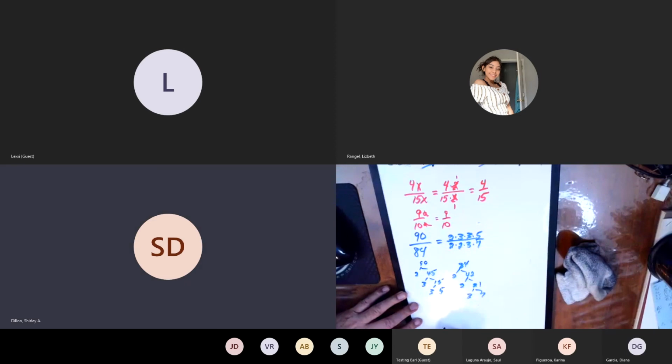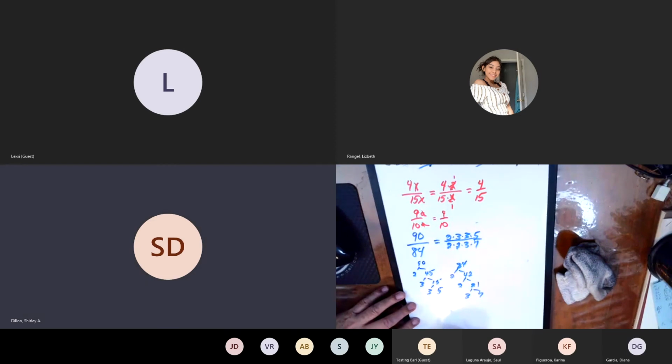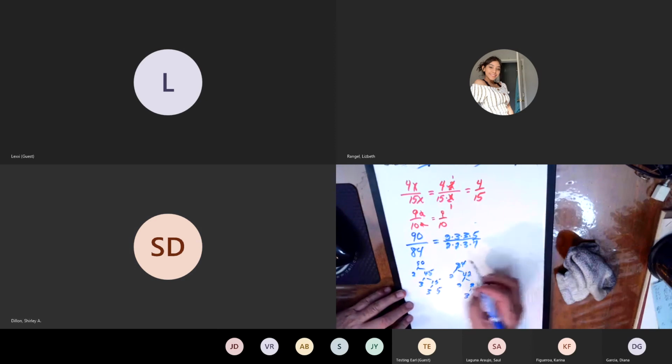All right, now, once we have it factored, it becomes very easy to finish the reduction. The 2s reduce down, one set of 3s reduces down, so I'm left with 1 times 3 times 1 times 5, which is 15. And on the bottom, I have 1 times 2 times 1 times 7. 2 times 7 is 14.